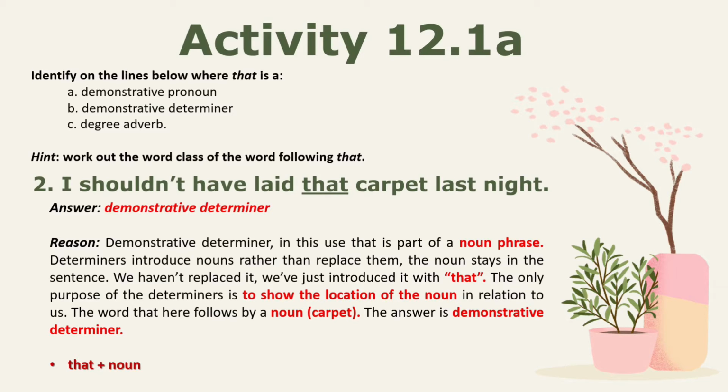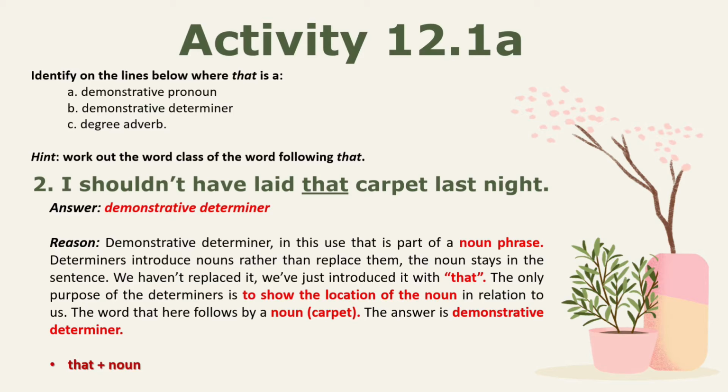Question number 2. I shouldn't have laid that carpet last night. What about this one? The answer is B, demonstrative determiner. Why? Because in this use that is part of a noun phrase. Determiners introduce nouns rather than replace them, and the noun stays in the sentence. We haven't replaced it.